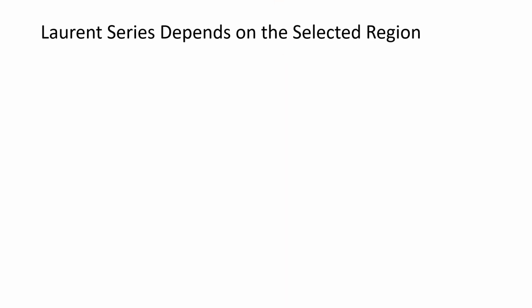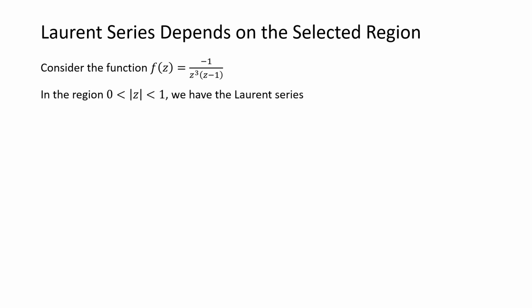On this slide we have an example of showing that the Laurent series depends on the region of interest. We're going to take this function here, f of z equals minus 1 over z cubed times z minus 1. And first we'll look at the region where the modulus of z is between 1 and 0, so a punctured disk.